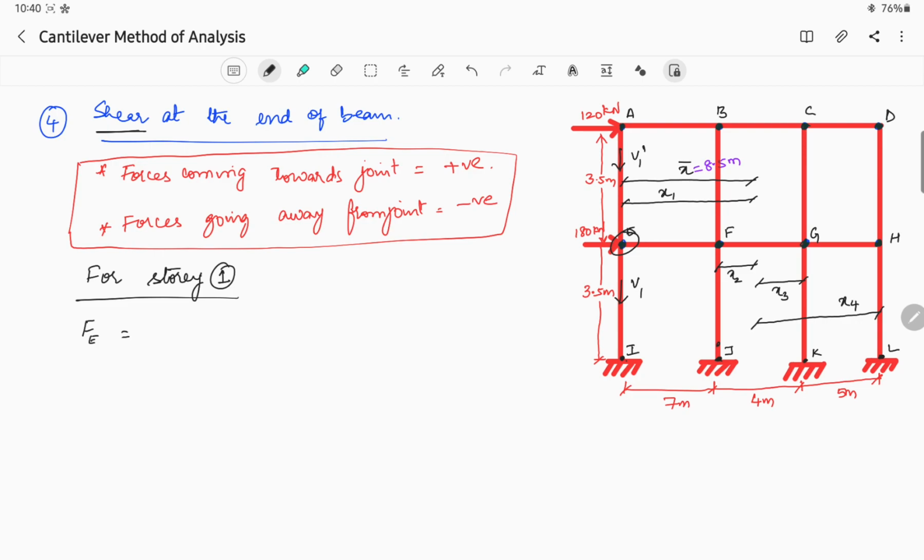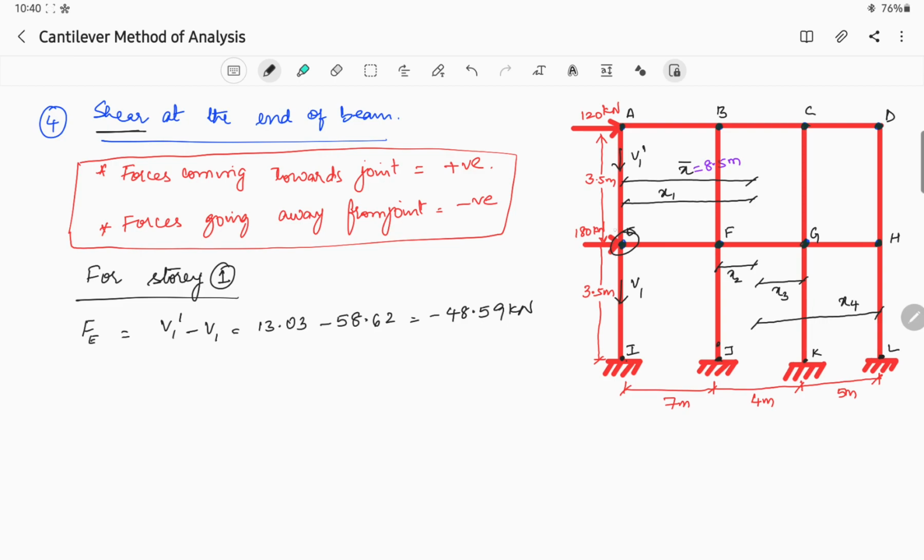V1 dash is coming towards the joint, and V1 is going away from the joint. So V1 dash minus V1 is equal to 13.03 minus 58.62, which is equal to minus 48.59 kilonewton. Understood this one?